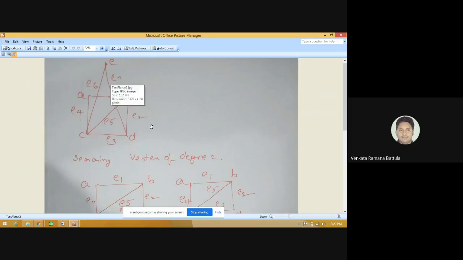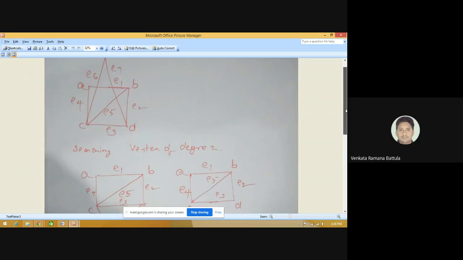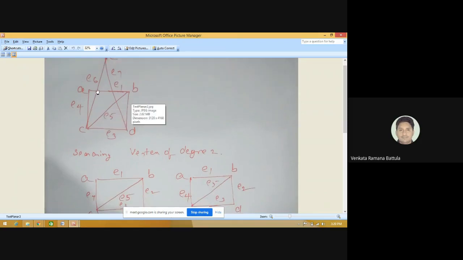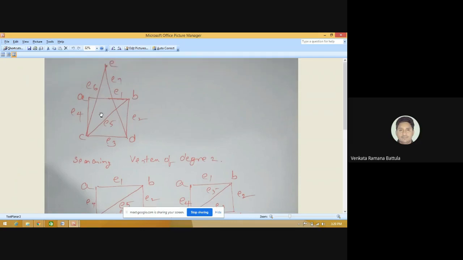To test planarity, first we need to determine whether there are any parallel edges or any self loops. So no parallel edges, that means no multiple edges, and no loops. Then we need to find the vertices of degree 2. Vertex A has degree 2. The degree of C is 4.